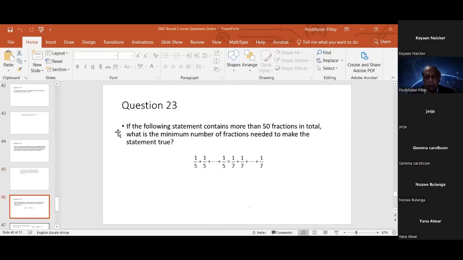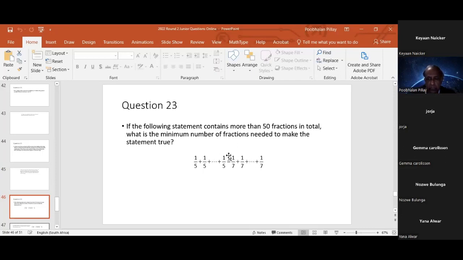Okay, so the next problem, number 23. Problem number 23 says the following. If the following statement contains more than 50 fractions in total, so you've got 1/5s and 1/7ths. We don't know how many of these and how many of these, but you know that altogether it contains more than 50 fractions.